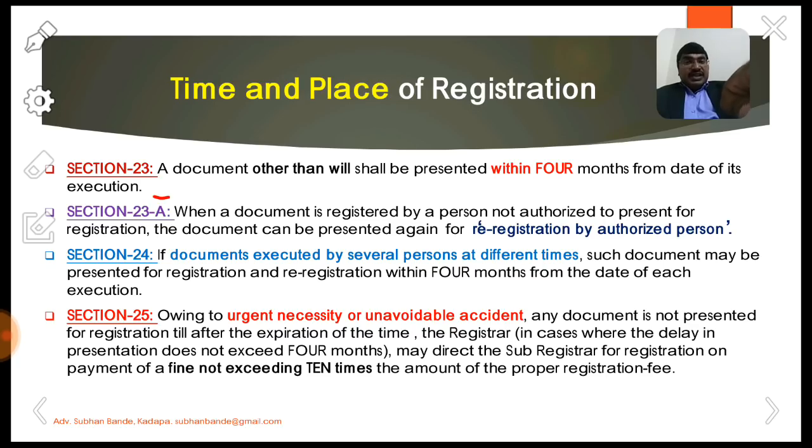According to section 23A, when a document is registered by a person not authorized to present it for registration, the document can be presented again for re-registration by the authorized person, if it was presented by an unauthorized person by mistake.